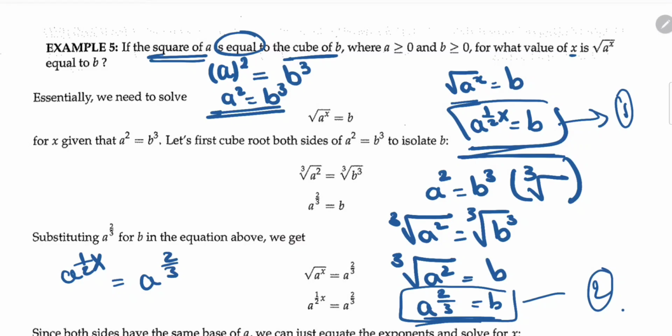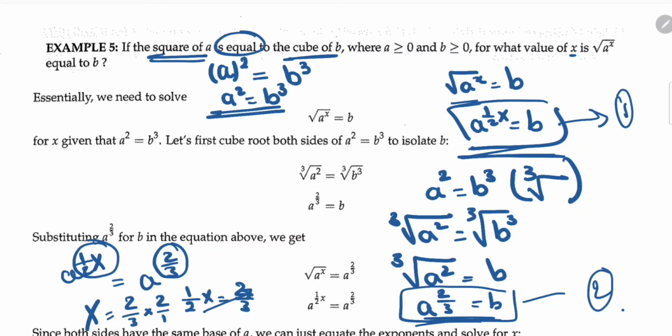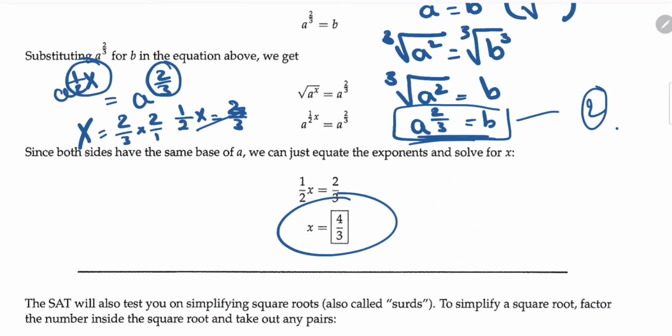So it's the same base and the powers are equal. So half x equals 2 over 3. By inverse operation, x equals 2 over 3 multiplied by 2 over 1, which is 4 over 3. Value of x is 4 over 3.